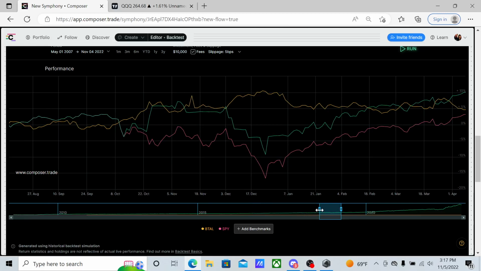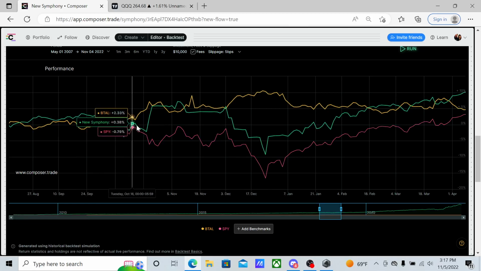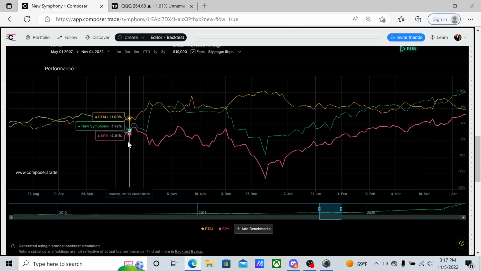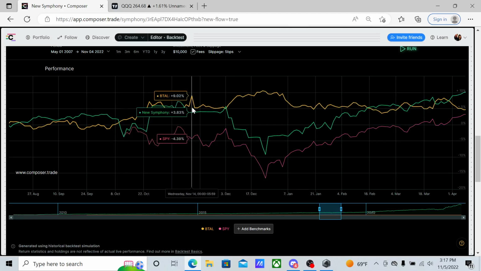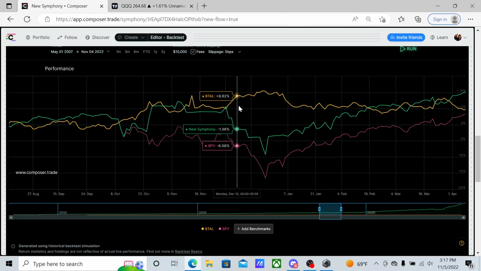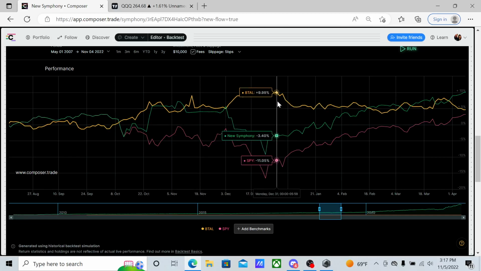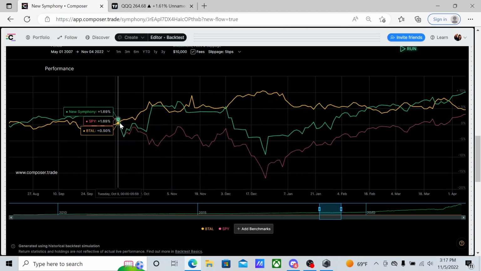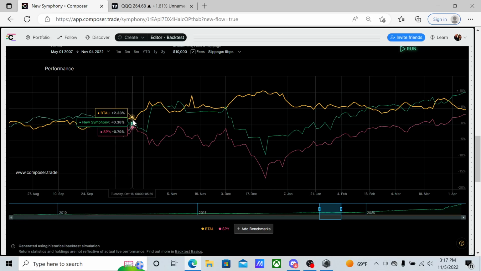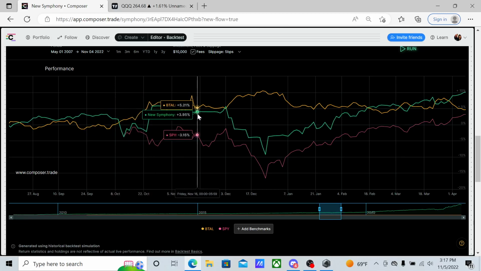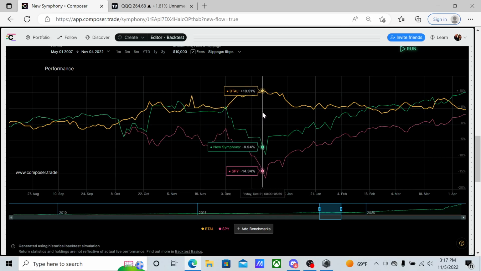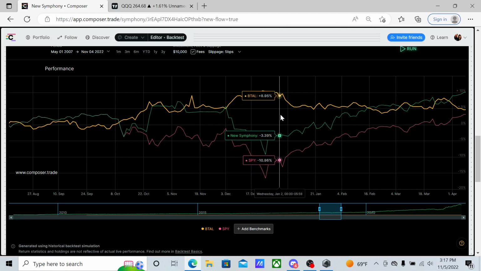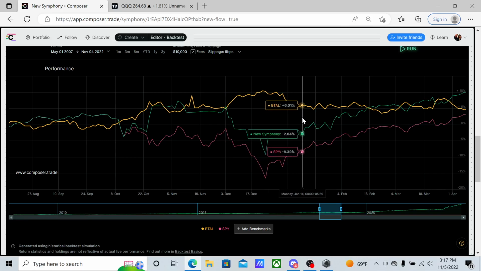Here we go. The green is our strategy, the pink is the S&P 500. If you look at the yellow, that's the BTAL, that's the anti-beta ETF. So that increased as the market was decreasing over that time. Over the macro drop, it actually increased as the market was declining, and then obviously it's going to start to decline as the market starts to recover.